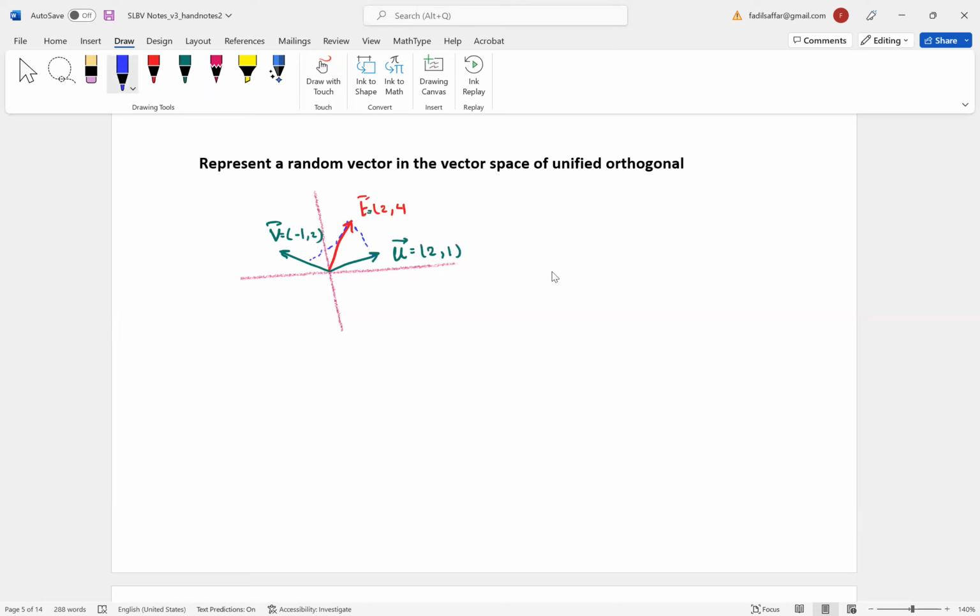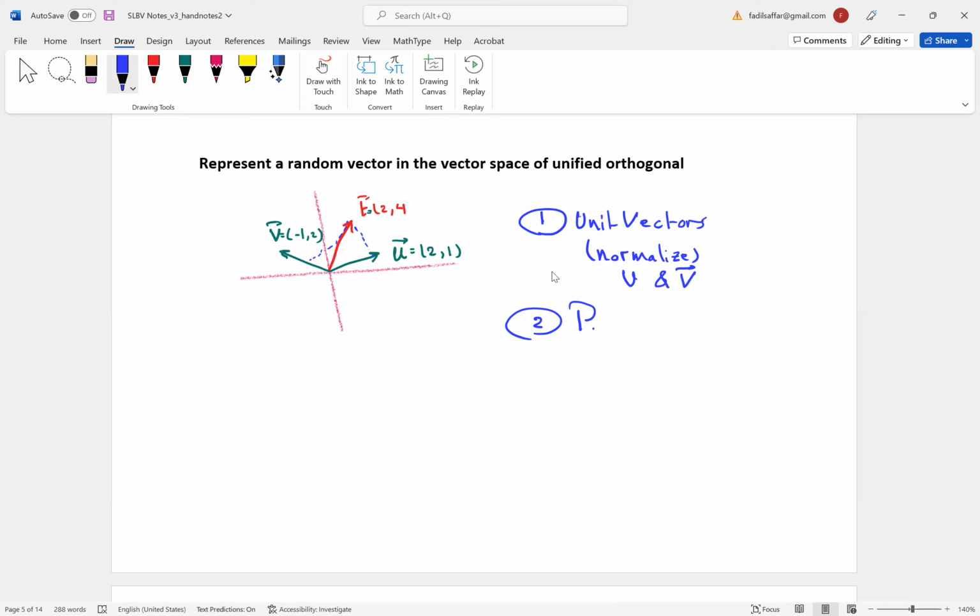To achieve this, I need to make 3 main steps. First, I need to find the unit vectors, or let me say normalize u and v. Second step, I want to find the projection of t on u and of t on v.